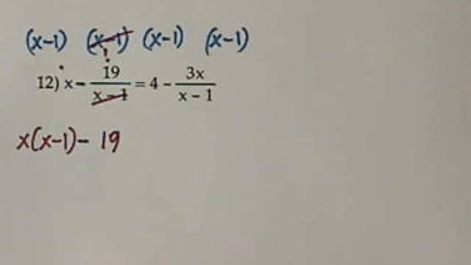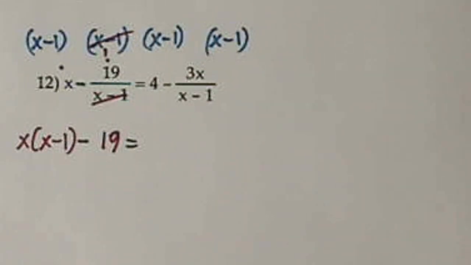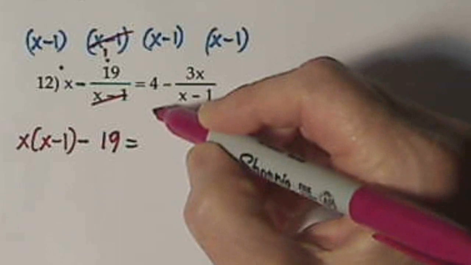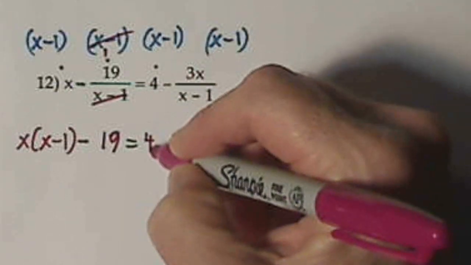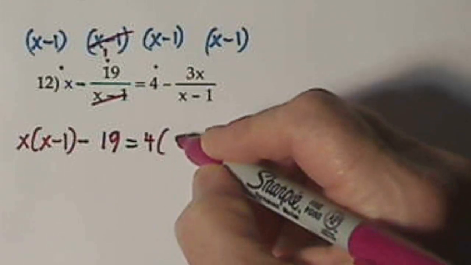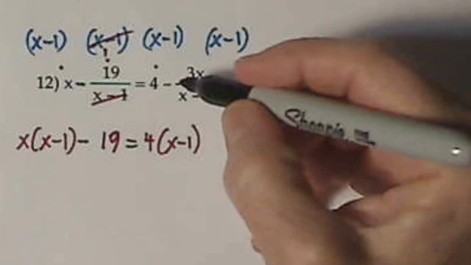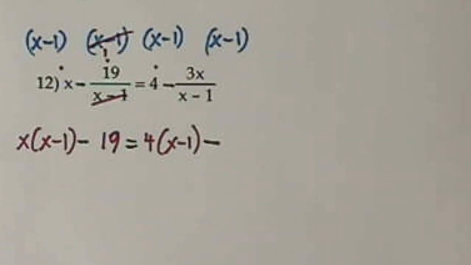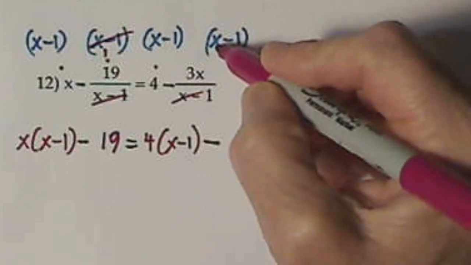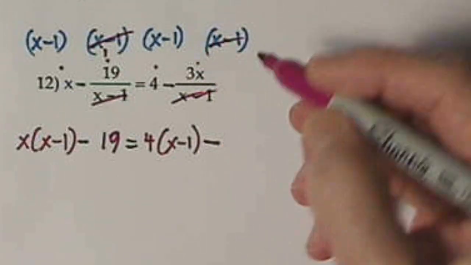Bring down your equal sign. With this 4, there's nothing to cancel, so it's going to be 4 times the quantity x minus 1. This negative here, I'll bring it down. And one more canceling: x minus 1 goes into x minus 1, so it's 1 times 3x.